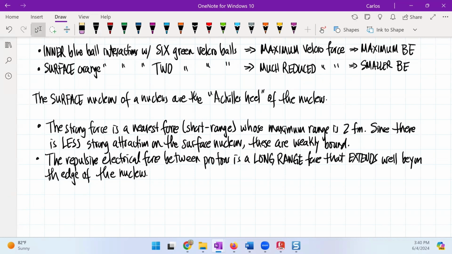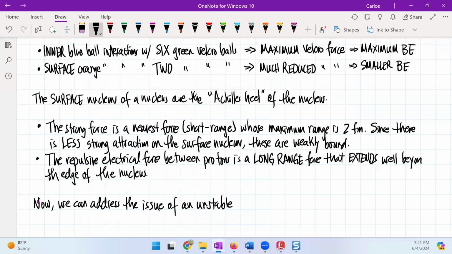So now we can address the issue of unstable nuclei. Let's do this in 4 steps.